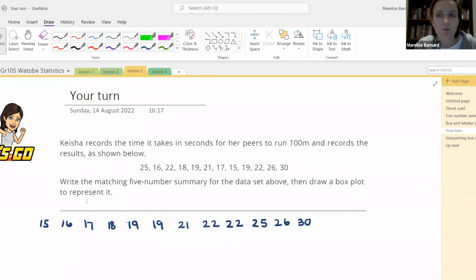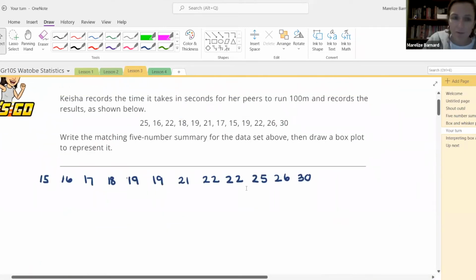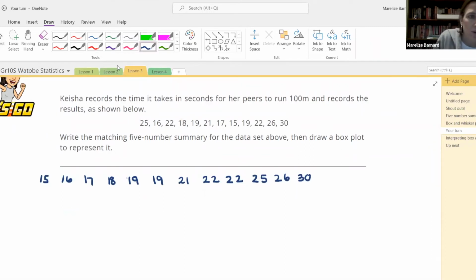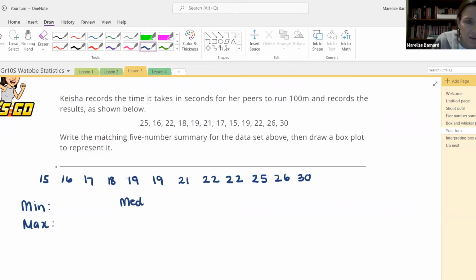If you don't know how to draw the graph, then at least try and do your 5-number summary. So your 5-number summary, a reminder for those of you who might have forgotten already, is your min, your max, the median, the lower quartile, or Q1, and the upper quartile, Q3.